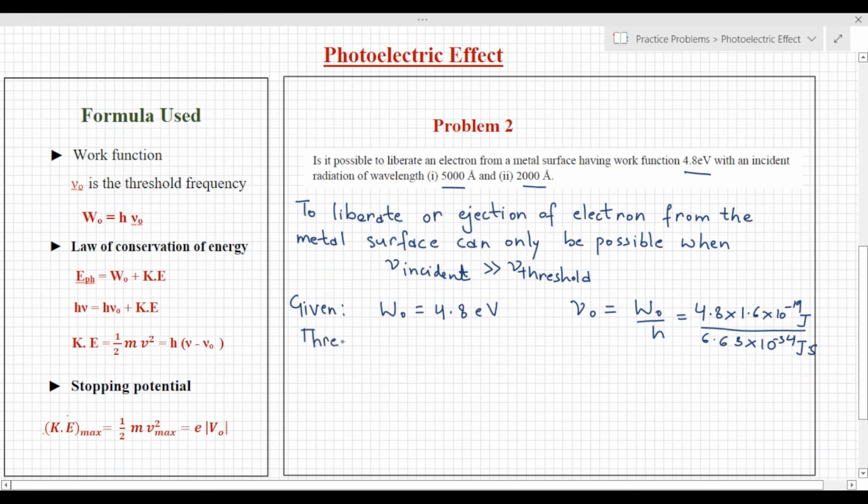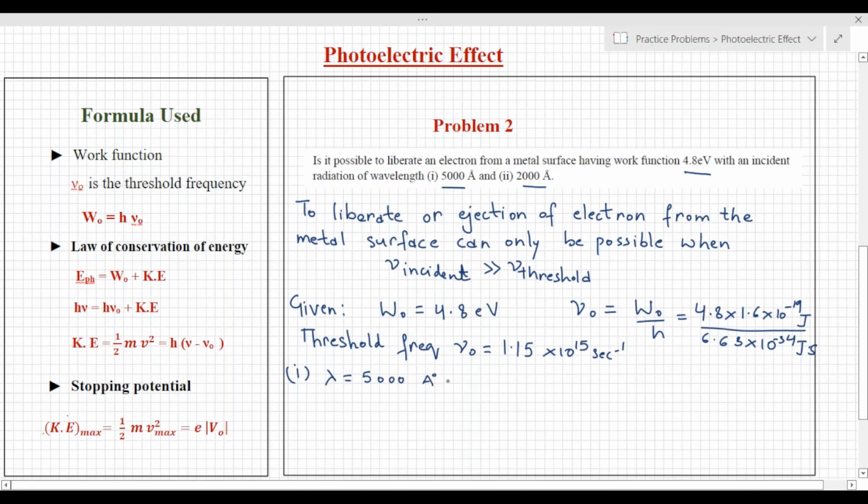So your threshold frequency nu naught, when you solve it, you will get 1.15 into 10 raised to the power 15 per second. So this much threshold frequency you will get. Now the first part, where lambda is given as 5000 angstrom.